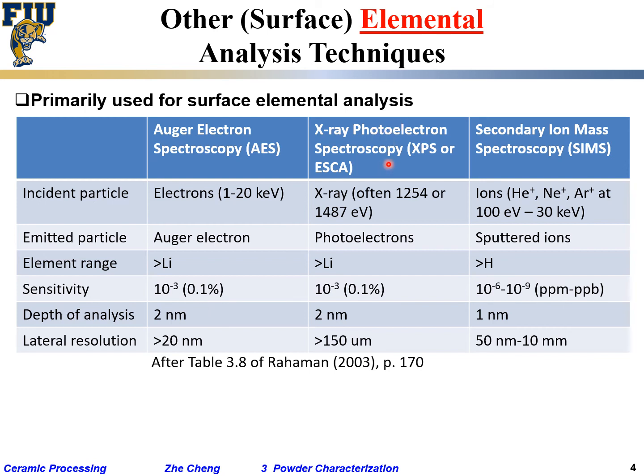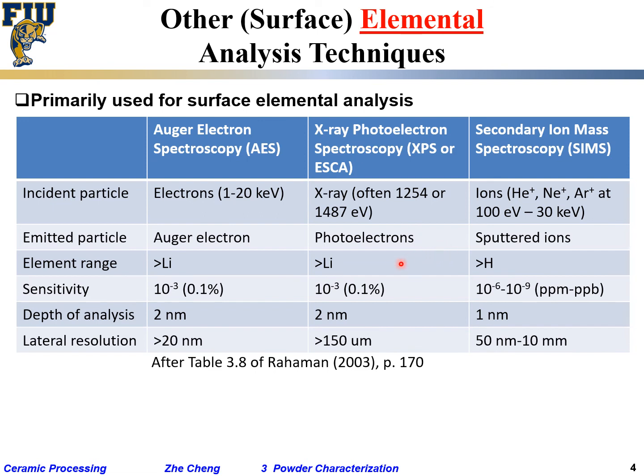The other one for surface analysis is XPS, X-ray photoelectron spectroscopy. These are just different techniques. Now you are using a powerful X-ray to shine onto the sample, and the X-ray knocks the electron away, and you are collecting the photoelectron.